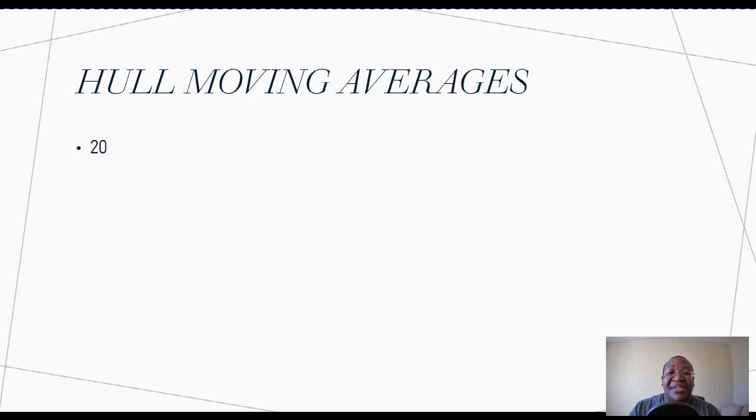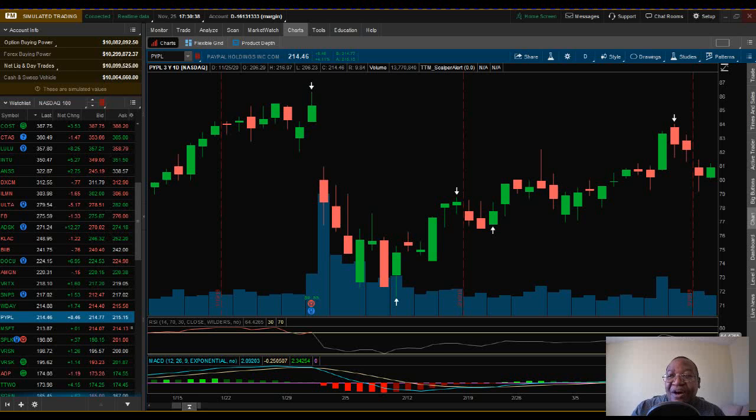Next we're going to look at a faster average, which is a 10 Hull moving average. The 20 is going to be our slow moving average. The 10 is going to be our fast moving average. You will see how these two work in conjunction with one another. And once we have these two set up, we are going to glue them all together with a cloud moving average. All right, so let's go ahead and go to our charts here.